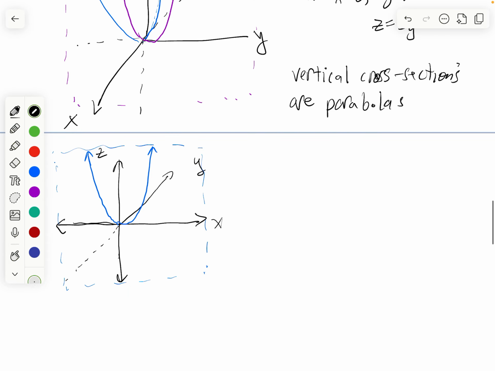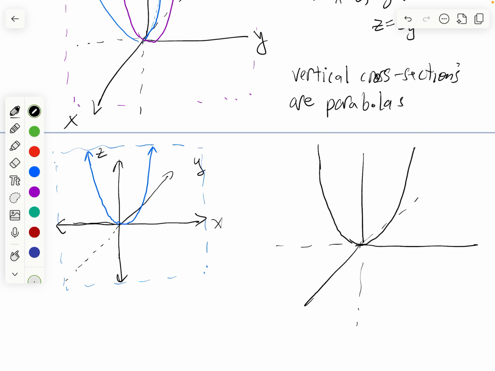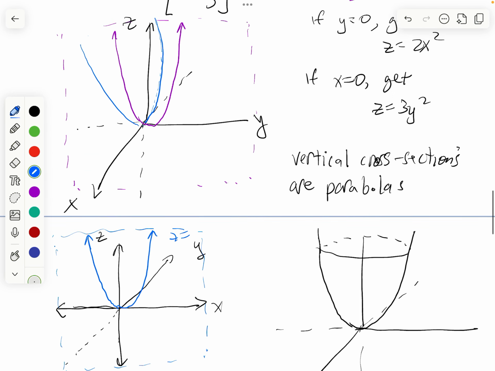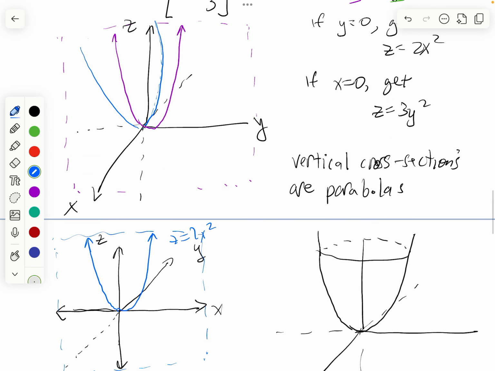And what the graph of this function is going to look like is this bowl shape. It's going to be like this bowl, where this one was z equals 2x squared, and this one was z equals 3y squared.